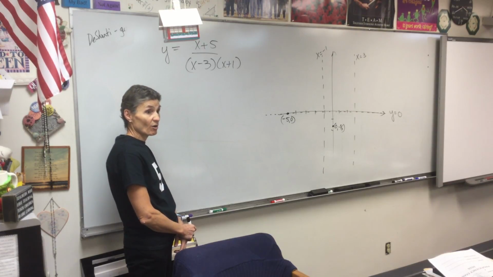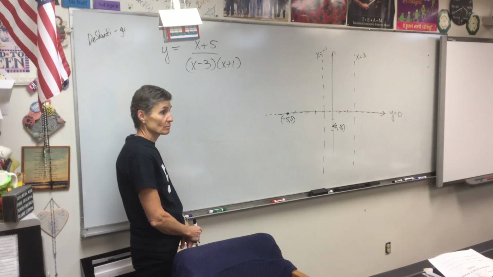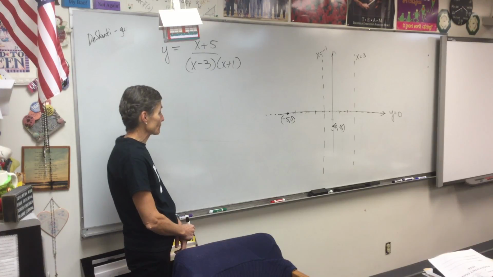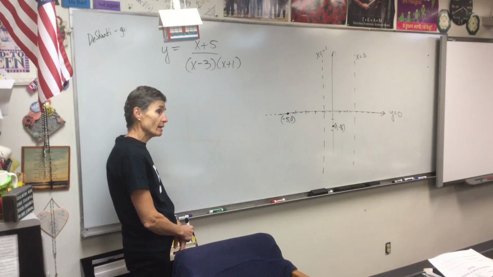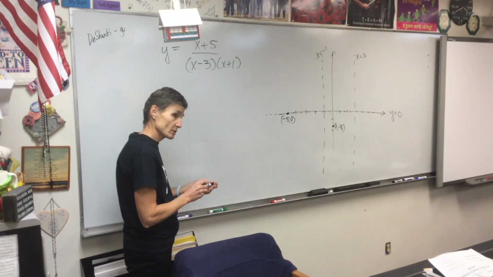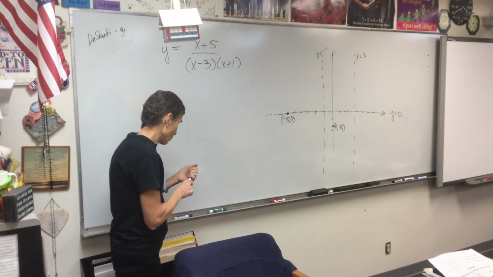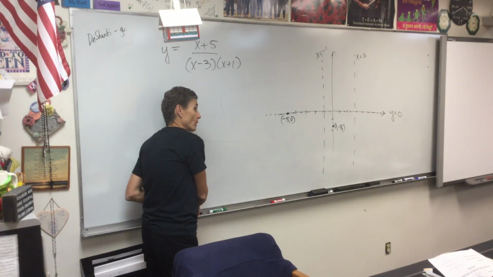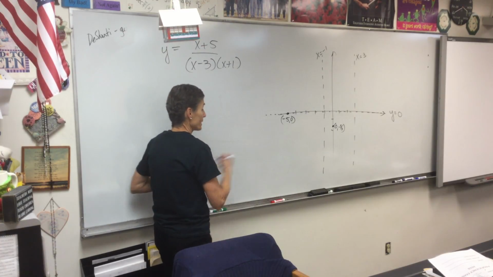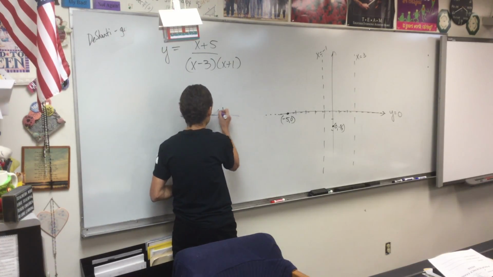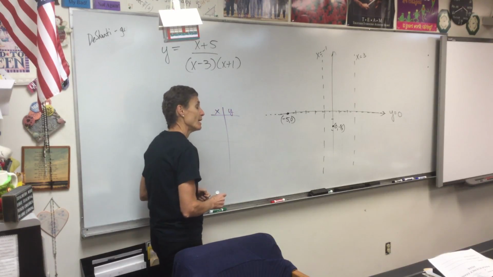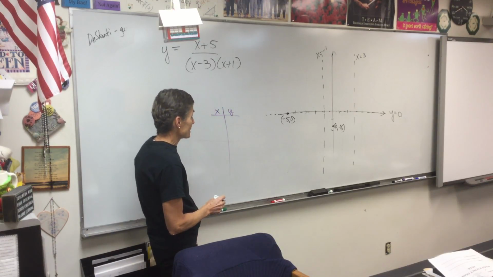This is a hard problem. I have absolutely no idea, truly, what this looks like. So what I'm going to do is what you do when you have no idea what it looks like. We're going to plot a couple points. Now, it's not going to take me too many, but it's going to take me a couple.